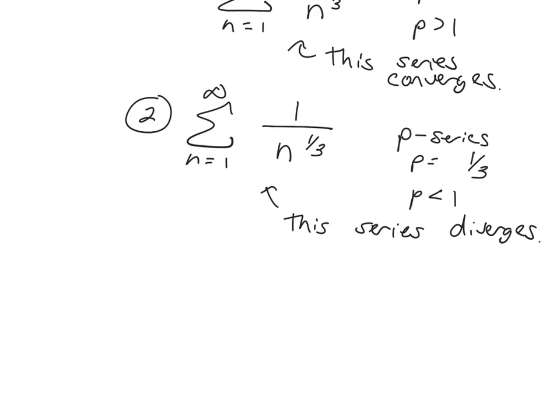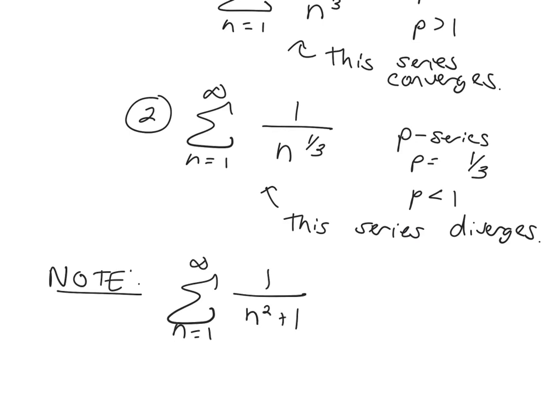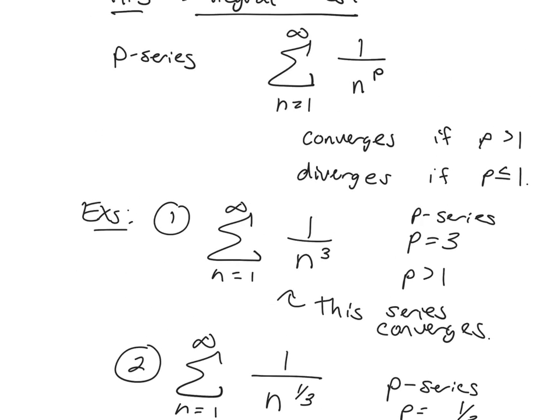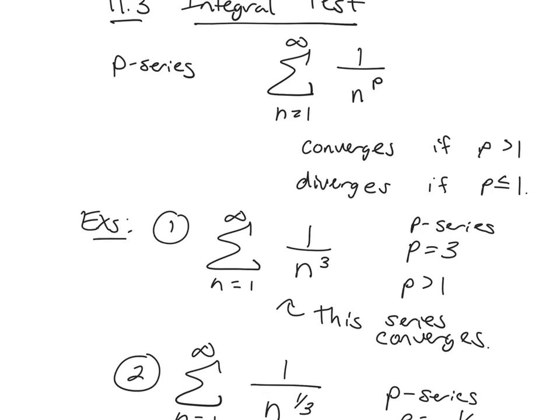So for example, note, if we have a series that looks like the sum from n equals 1 to infinity of 1 over n squared plus 1, this is not a p-series. Okay? So it has to look exactly like the form that I wrote at the very beginning. It has to look like 1 over n to the p. If it doesn't look exactly like that with a value of p chosen, then it's not a p-series.